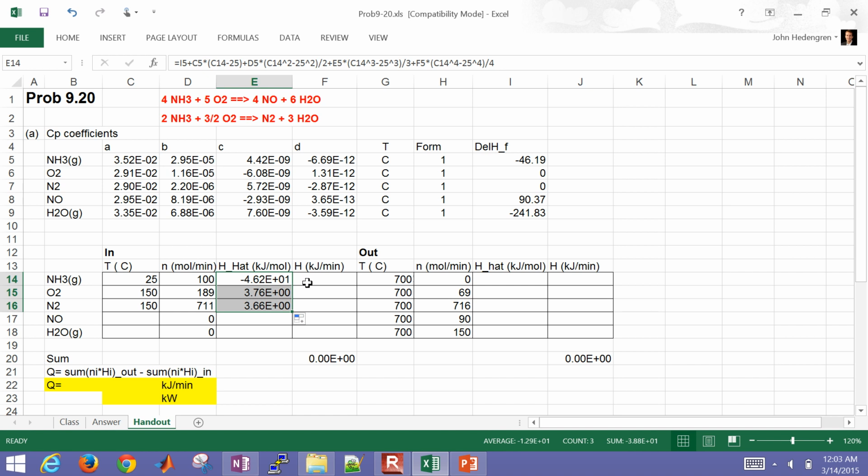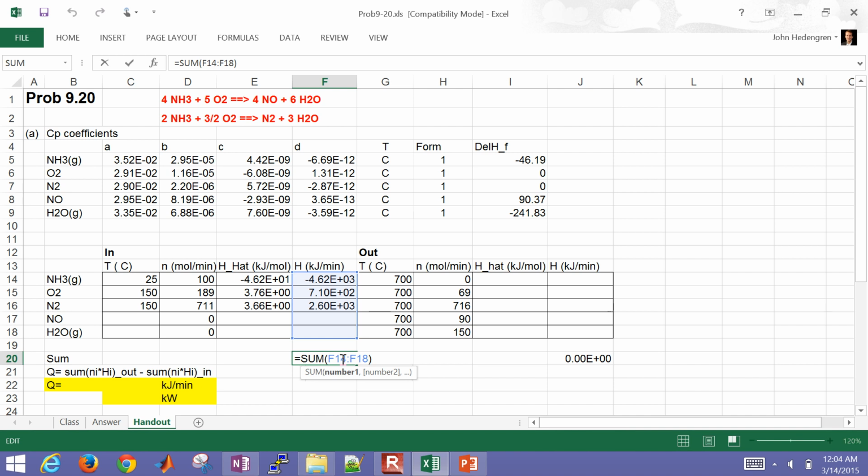And then in order to get my enthalpy, my kilojoules per minute, not my specific, but my overall enthalpy, I'm just going to multiply these two numbers together to get my kilojoules per minute. And I'll drag those down as well. And then this is the sum of those values.